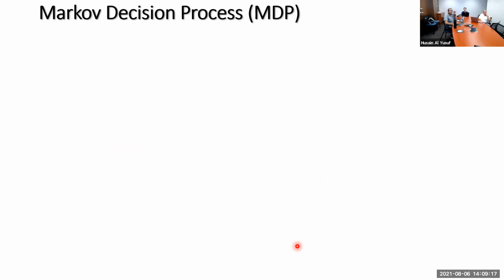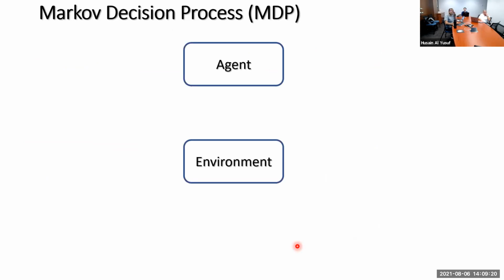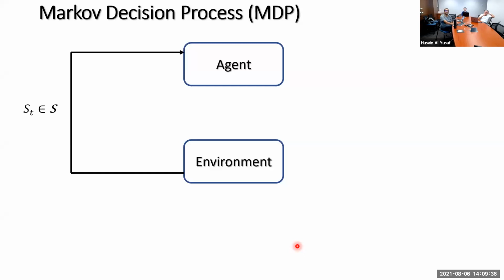So let's talk briefly about Markov decision process. Markov decision process is one of the reinforcement learning models. We have an agent and an environment. The agent interacts with the environment to learn and take actions.